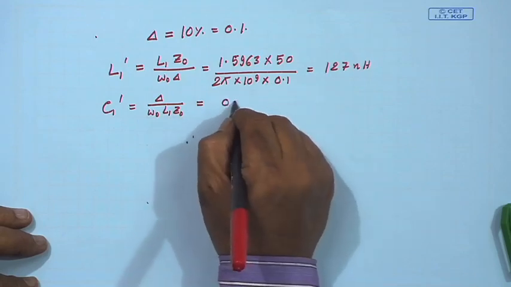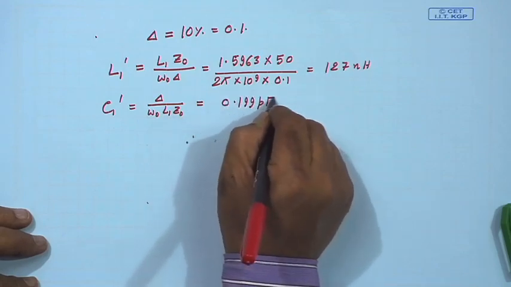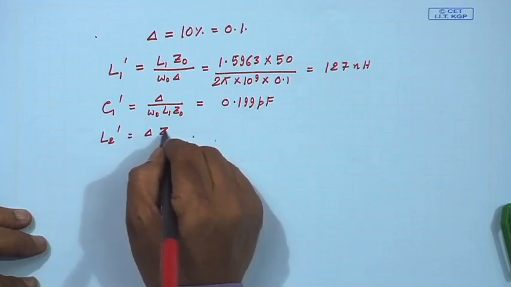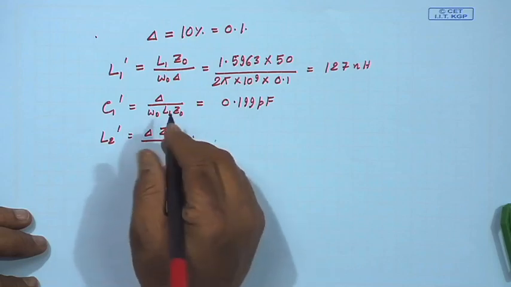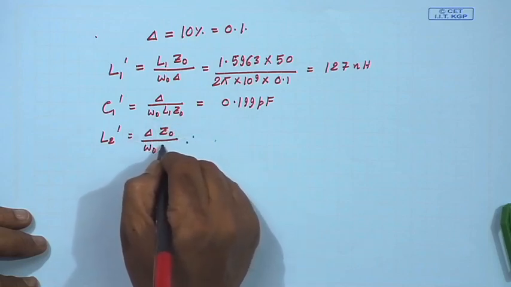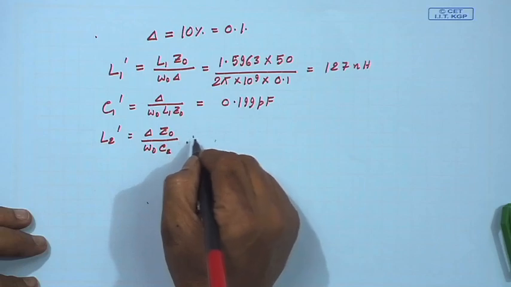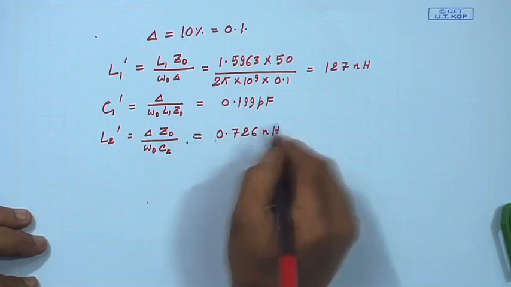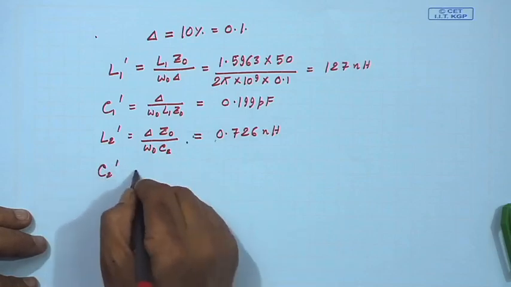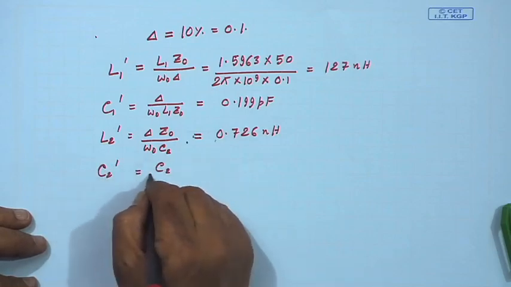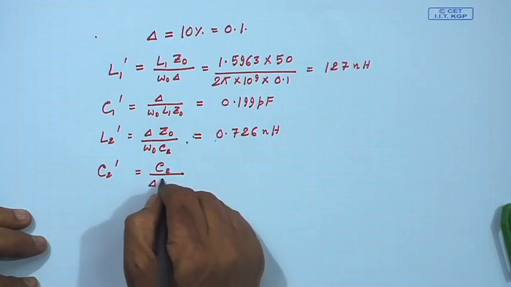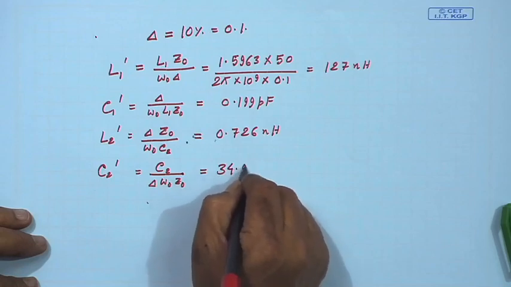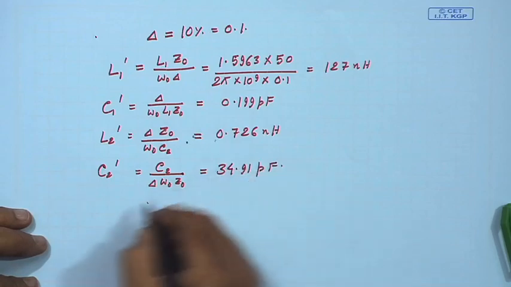and it will be 0.199 picofarad. L2 dashed again is delta Z naught by omega naught C2, and that will be 0.726 nanohenry, and C2 dashed will be C2 by delta omega naught Z naught, and that will be 34.91 picofarad.